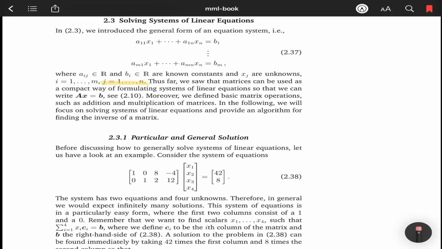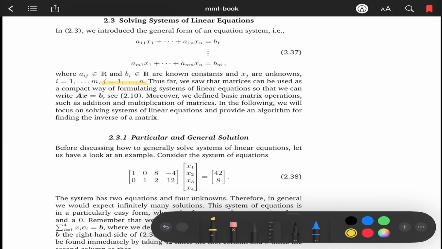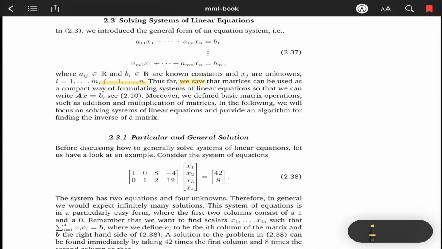Okay, so the next sentence. Thus far, we saw that matrices can be used as a compact way of formulating systems of linear equations, so that we can write Ax equals b. Moreover, we defined basic matrix operations such as addition and multiplication of matrices.